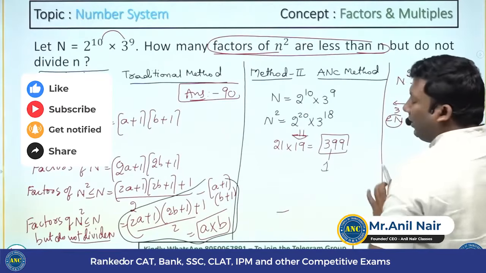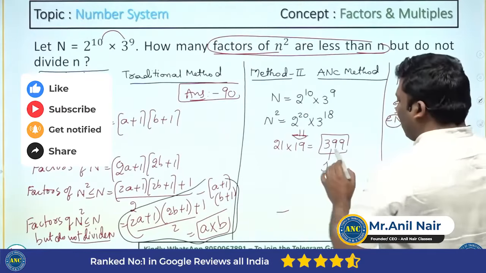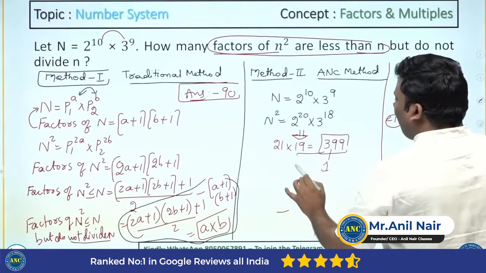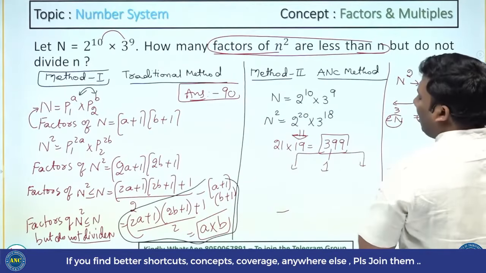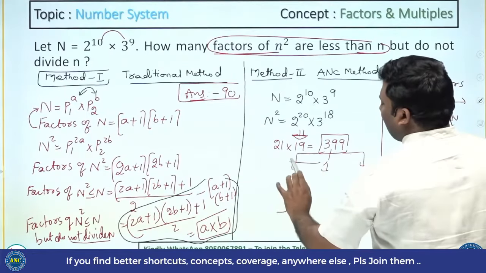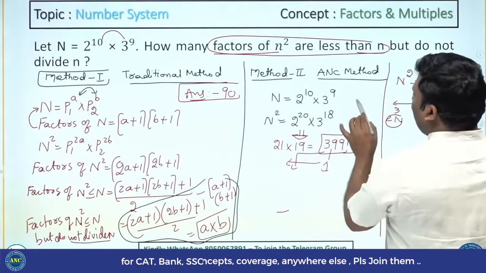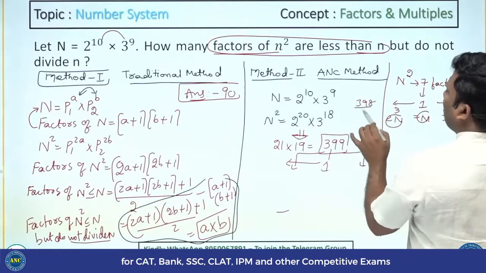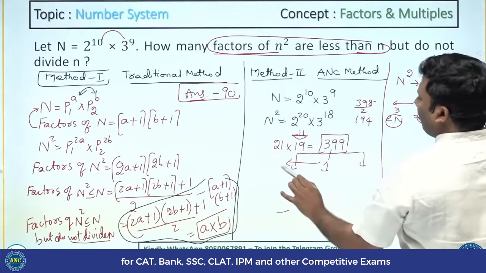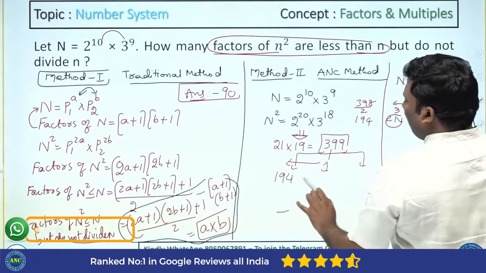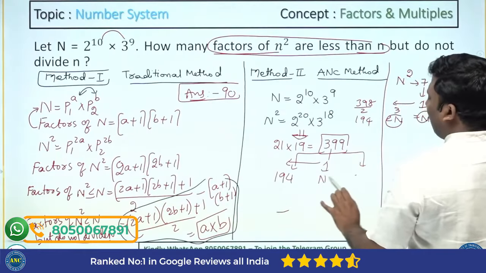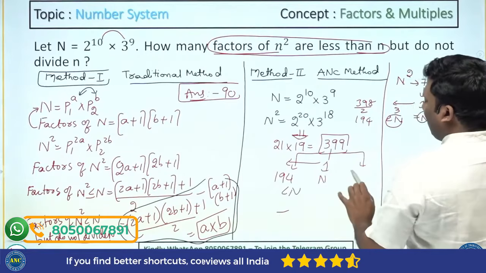One factor will be equivalent to n. The remaining 398, half of them will be less than n, half of them will be greater than n. So 398 divided by 2, 199. 199 will be less than n and 199 will be greater than n.